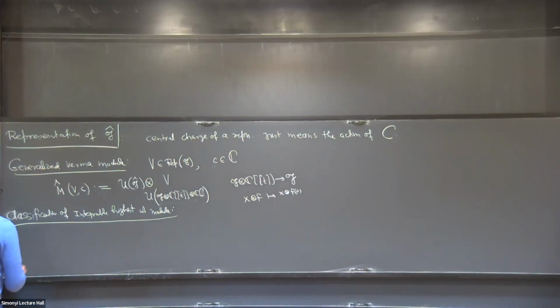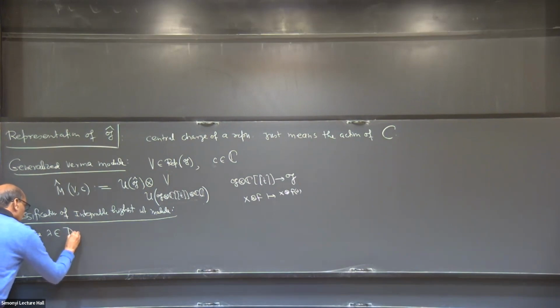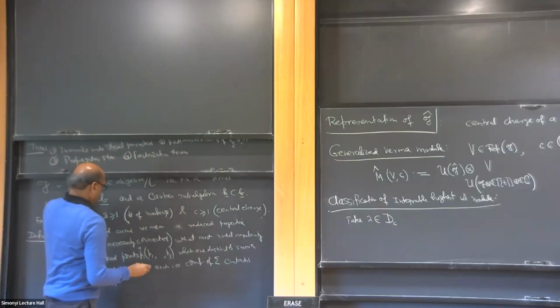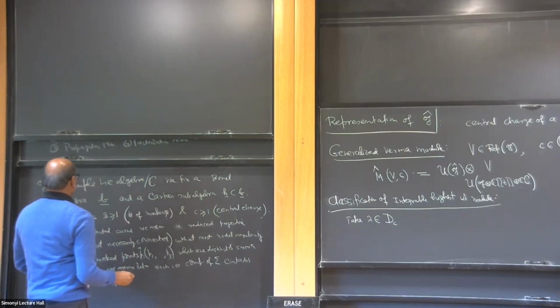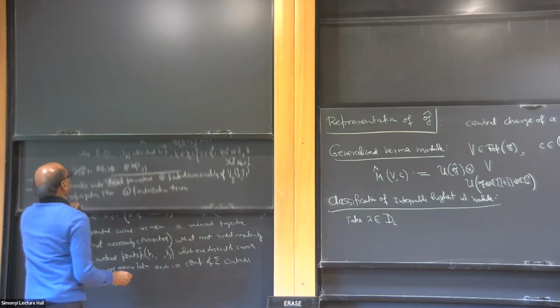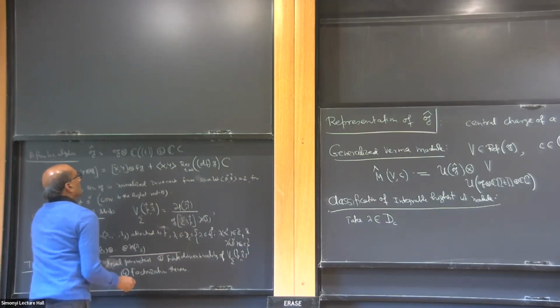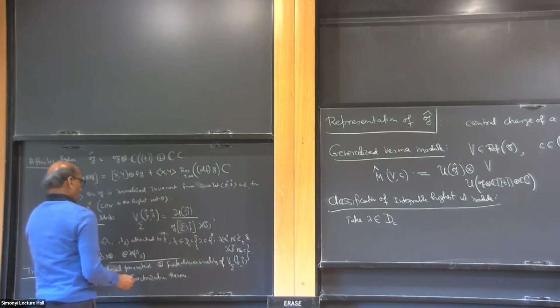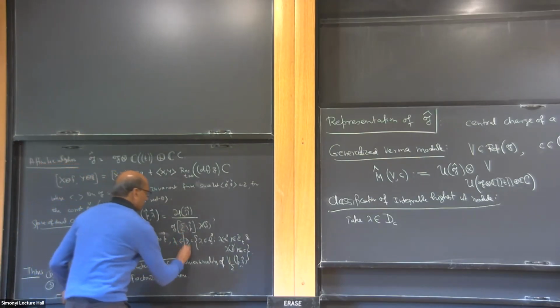So I am going to define. So take lambda in DC, where I define DC somewhere. Did I define? I thought it's here.